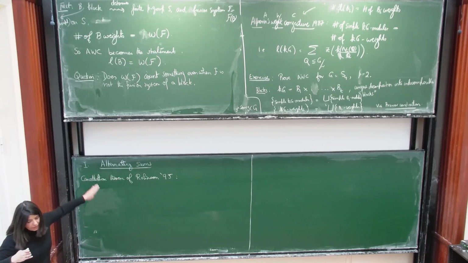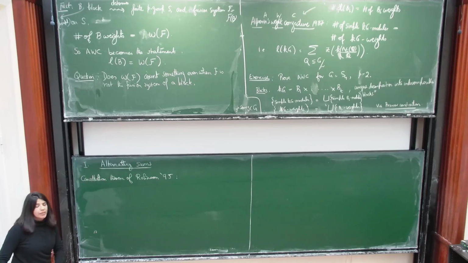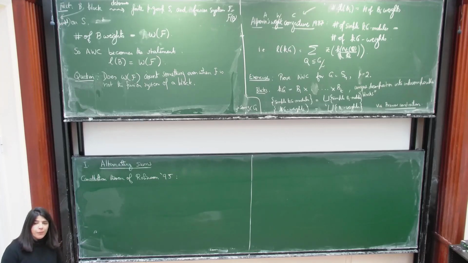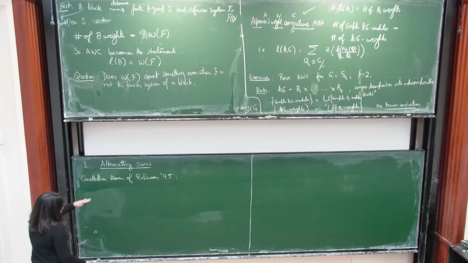Soon after Alperin came up with his conjecture, there was, thanks very much also to work of Peter Webb, a realization by Knörr and Robinson that you could express this equality in terms of some alternating sums over chains. And this is going back to that.